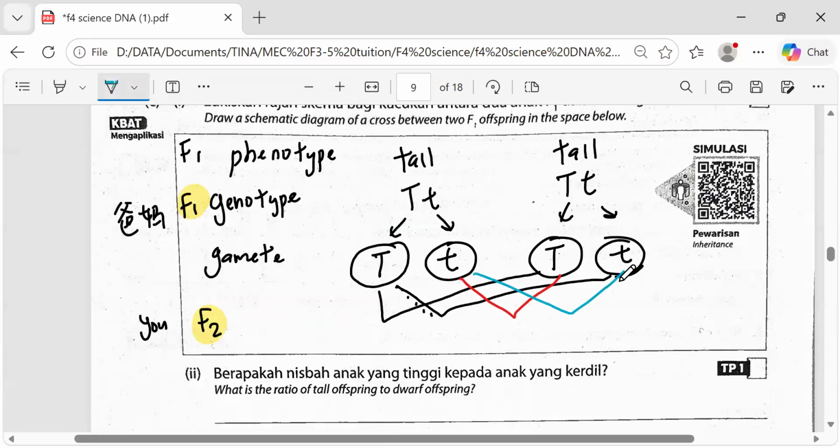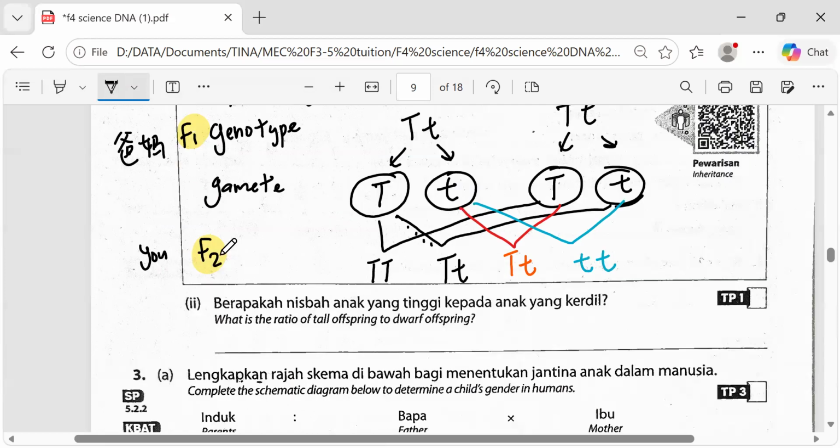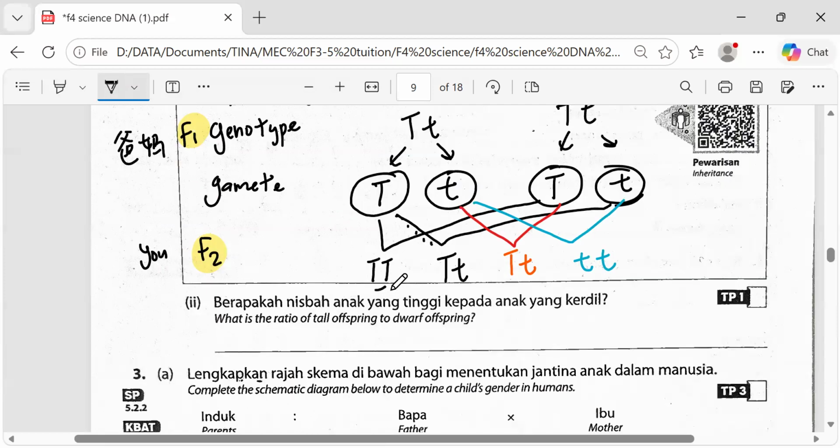If this one with this one is small t, if this one with this one is big T, small t, if this one with this one is big T, and this one is big T, small t. Did you get this? So the baby, the F2, will be what? Tall, tall, tall. This one is short.